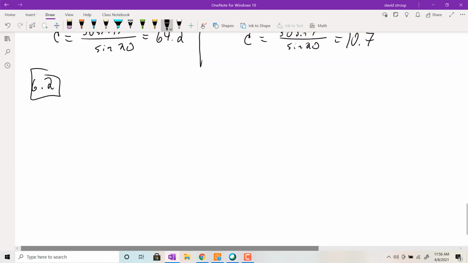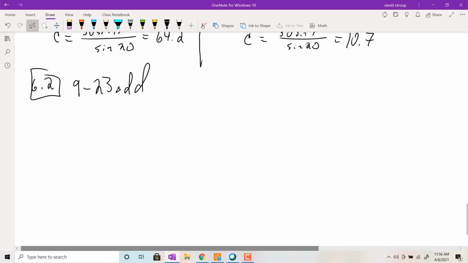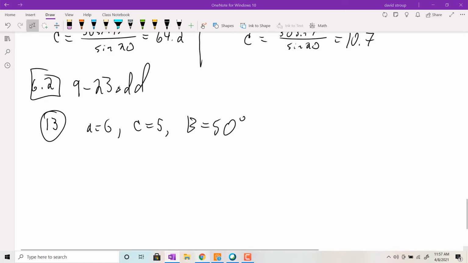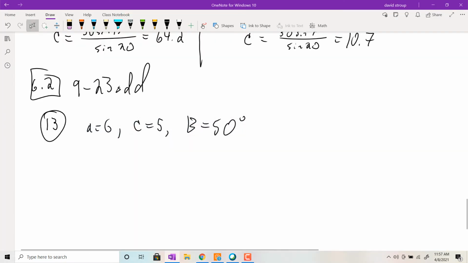So for 6.2, I'm looking at problems like 9 to 23 odd for your rehearsal problems. Let's look at number 13, where they give us 2 sides and an angle. So a is 6, c is 5, and then angle B is 50 degrees. I draw it out to make sure it's not side-side-angle, since the only other possibility could be side-side-angle, right?